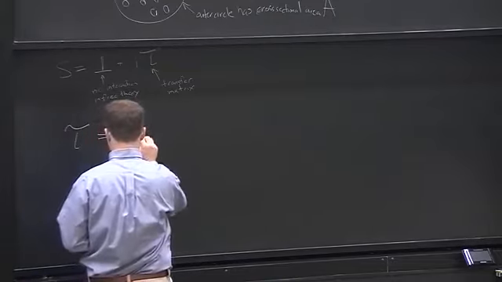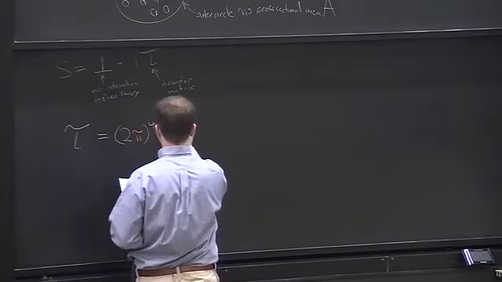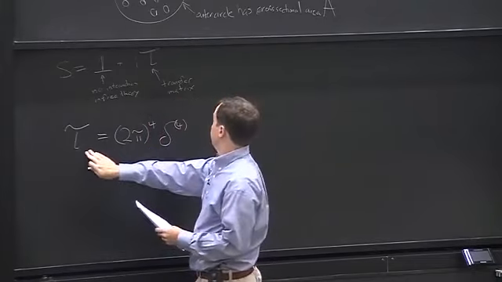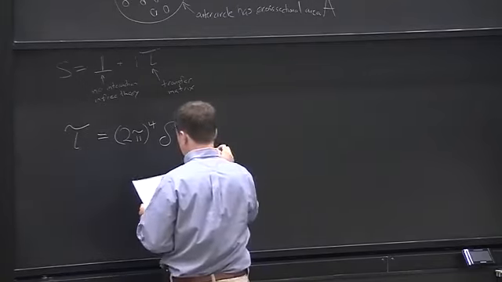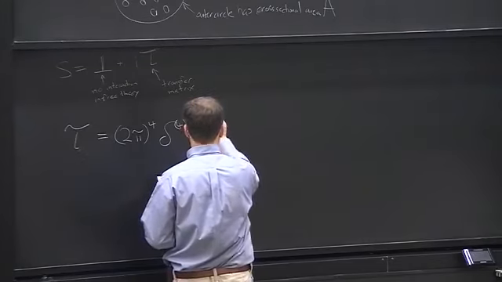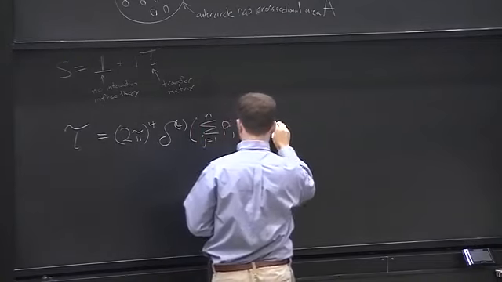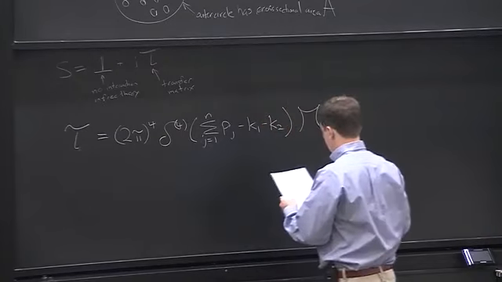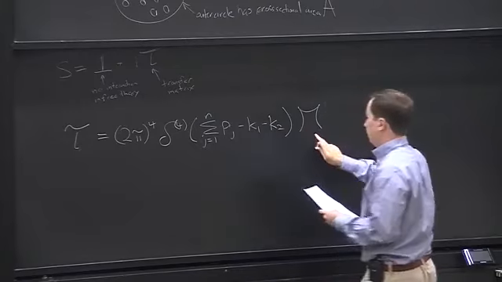When we do computations, we'll actually see that this expectation is borne out. We expect that this transfer matrix should be 0 unless energy and momentum are conserved. And so it should be proportional to a delta that conserves energy and momentum. And what's left over is called M.